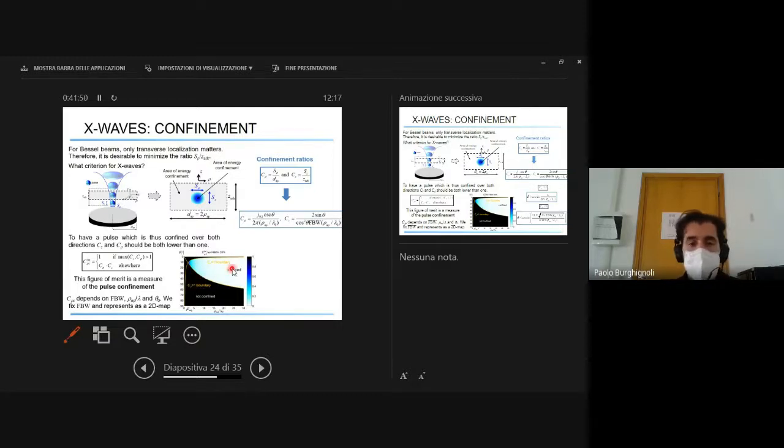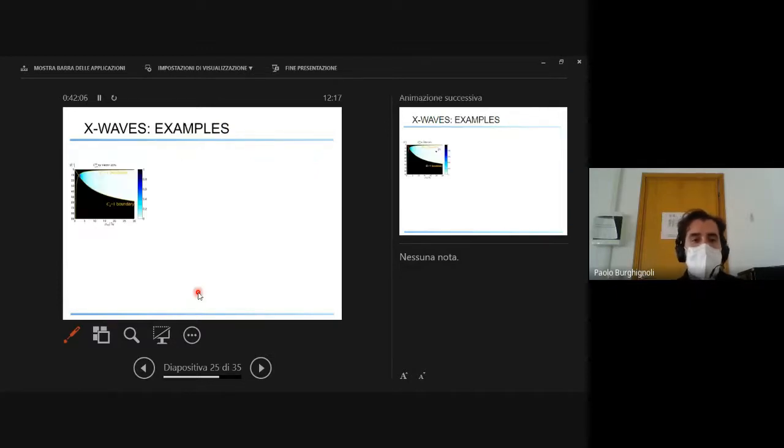The brighter the color, the more confined the pulse will be. In the dark region, the outcome is either not confined along the radial direction or the longitudinal direction, or even both directions. Examples of this are provided here.